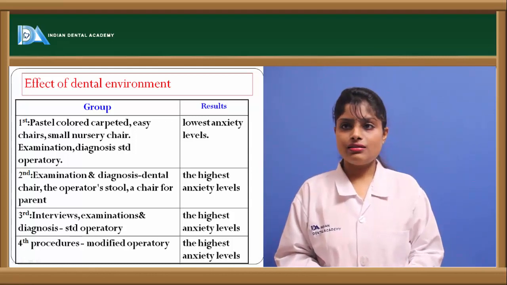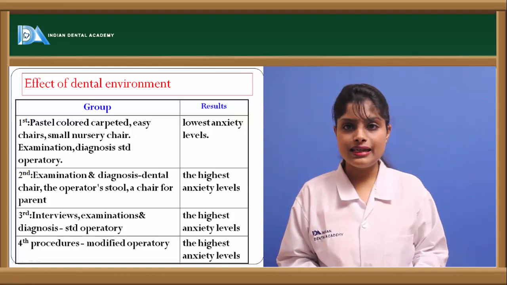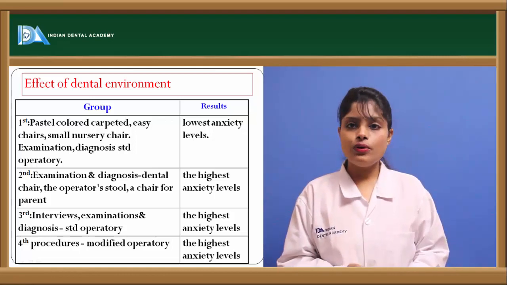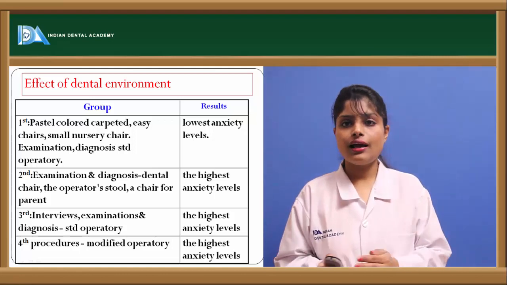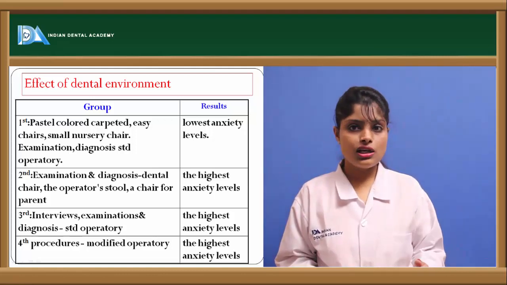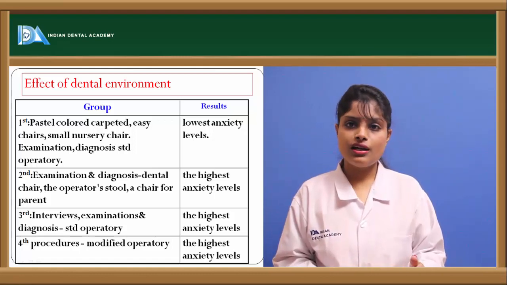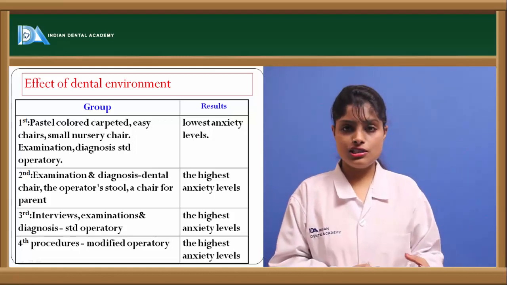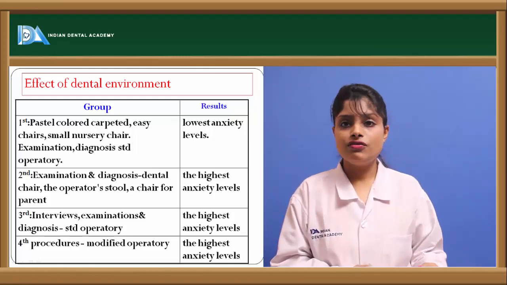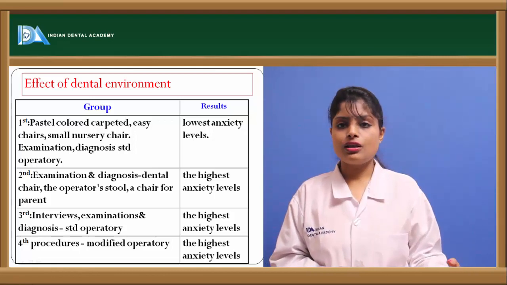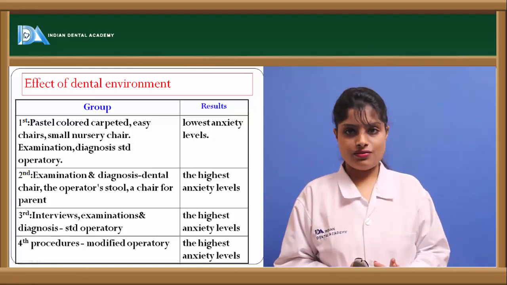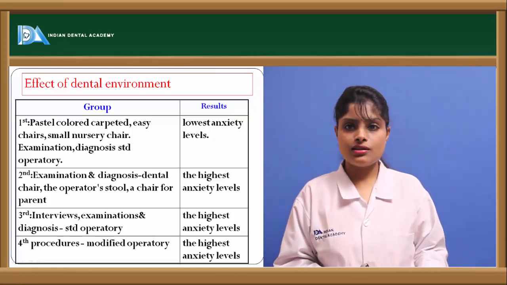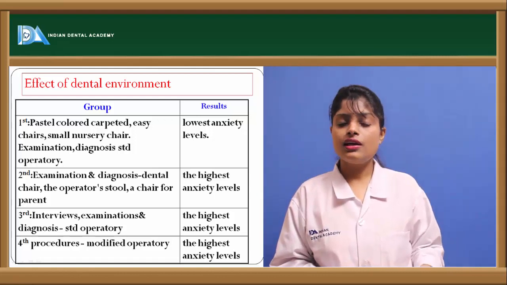Now, there are various factors present in the dental clinic which may further affect the behavior of the child. It should always be divided into the reception area and the operatory area. The reception area should be away from the operatory area so that the sounds of the scaler, the aerator and other machines will not induce any fear in the waiting patients. The reception area should be very attractive. It should have well maintained, neat chairs, lounges, sofas, and even a nursery chair.